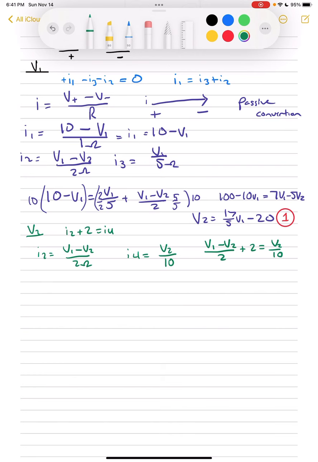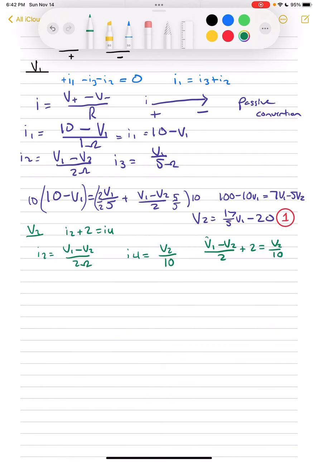Let's multiply this by 2 over 2, and then multiply everything by 10 to solve for V2. Basically, we're going to get 2V1 minus 2V2. Oh, I'm sorry. I don't know why I did that.